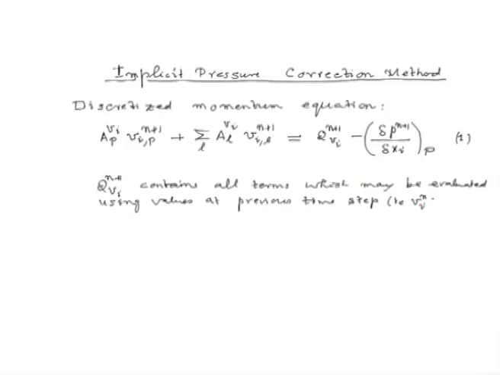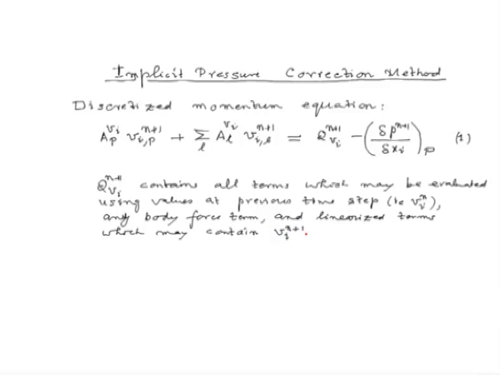that is V_i at n, any body force term, and linearized velocity terms, or linearized terms, which may contain, in fact they would usually contain, the unknown velocity components.